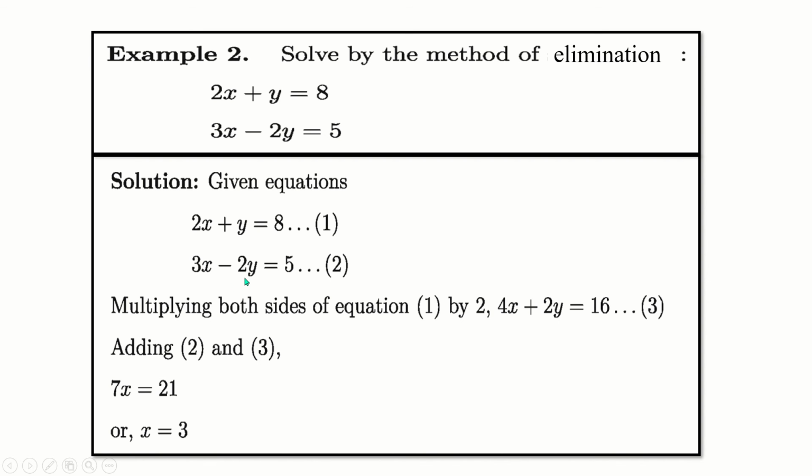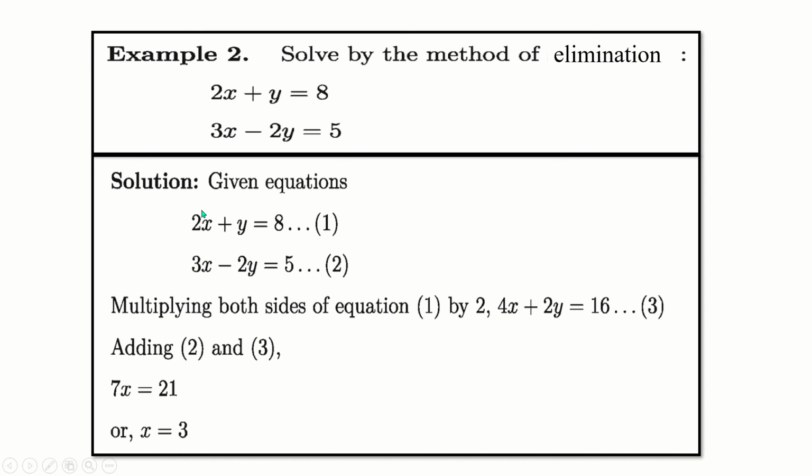But if we want to cut or vanish x, then we have to multiply 1 by 3 and 2 by 2, because the coefficient of x here is 2 and here 3, so we have to multiply equation 1 by 3 and equation 2 by 2.